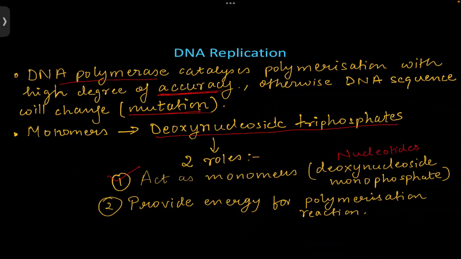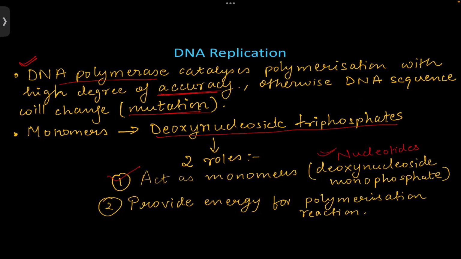A phosphodiester bond is formed between the 3' OH group and the 5' phosphate group, which you remember from the first class. That bond is made by the DNA polymerase, and at the 3' end these nucleotides get added.